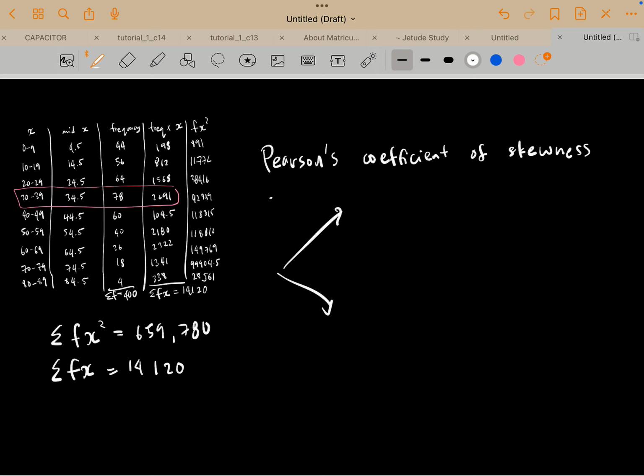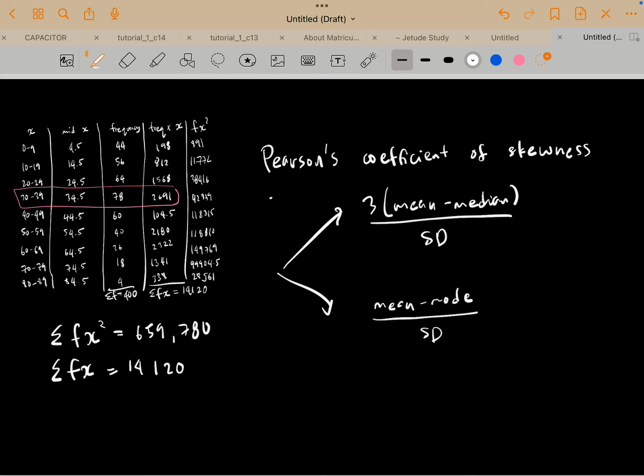One is 3 times the mean minus the median, divided by the standard deviation, or the mean minus the mode divided by the standard deviation. Just now we found the mean, and we found the median, and then we have the standard deviation. So we can use that to calculate the coefficient of skewness using this formula.